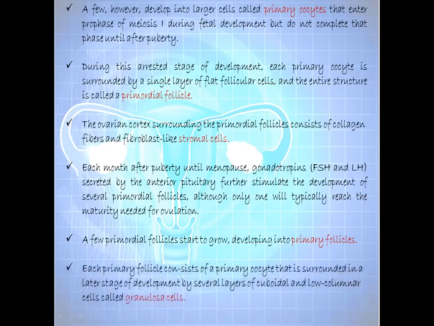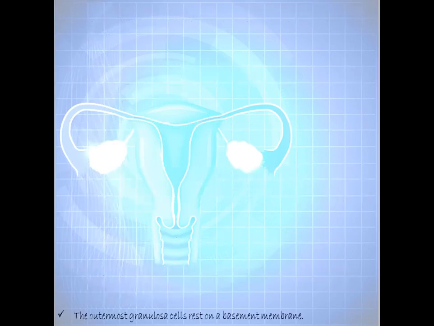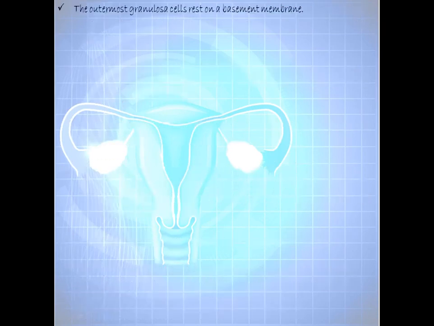Each primary follicle consists of a primary oocyte that is surrounded in a later stage of development by several layers of cuboidal and low columnar cells called granulosa cells. The outermost granulosa cells rest on a basement membrane.